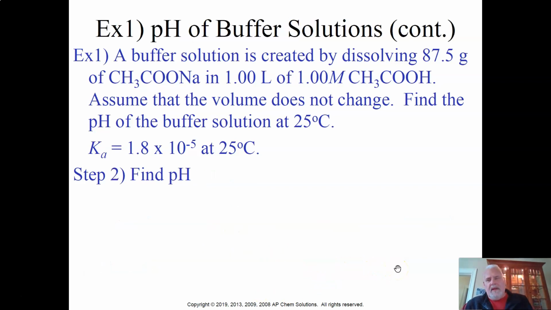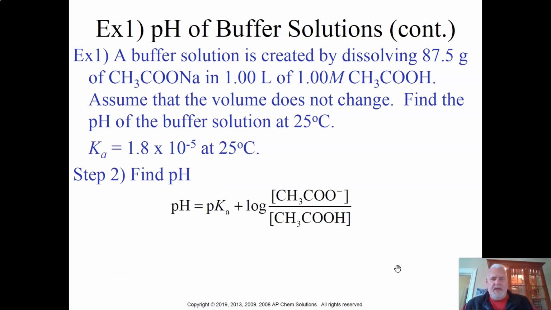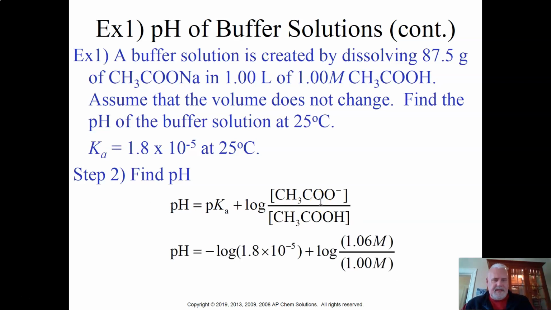So to find the pH, you're going to use Henderson-Hasselbalch. We just did these. This 1.8 is provided for you. And we figured out that concentration, and this one you get right up there. It's 1 molar of the weak acid.